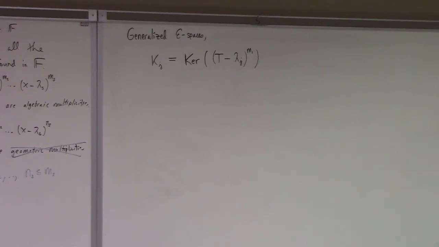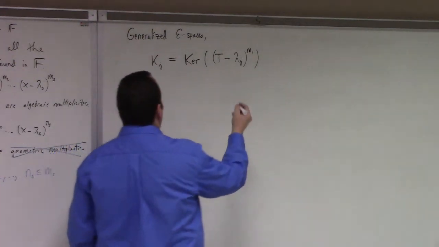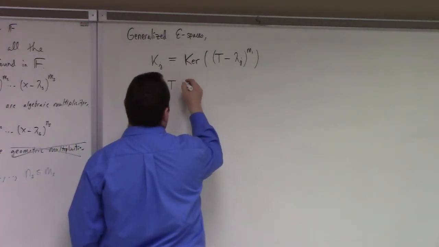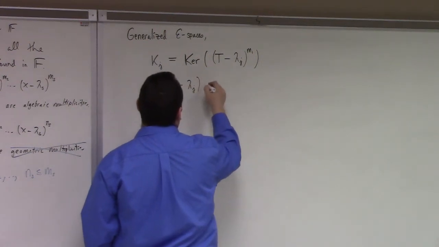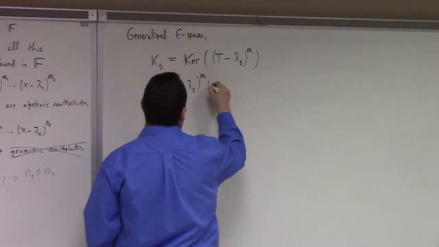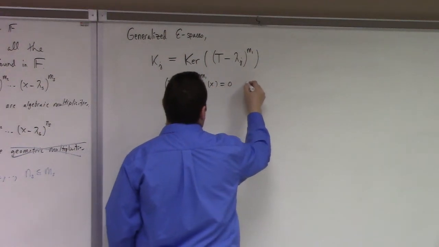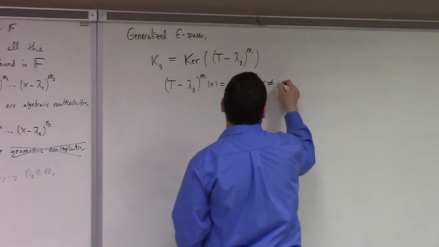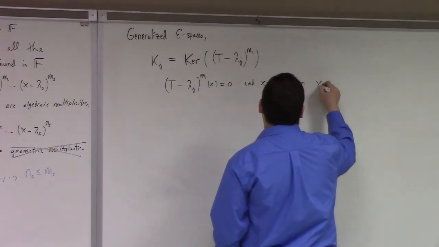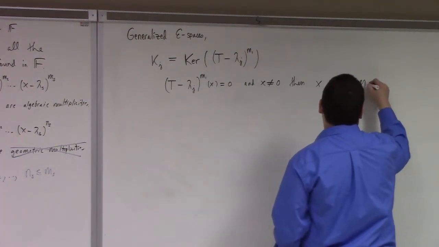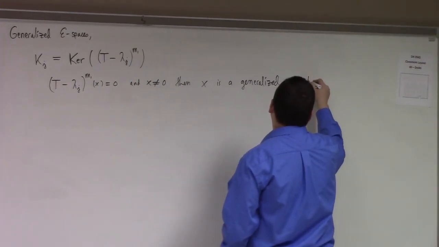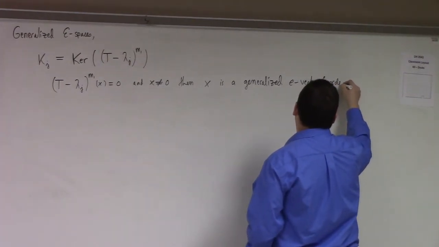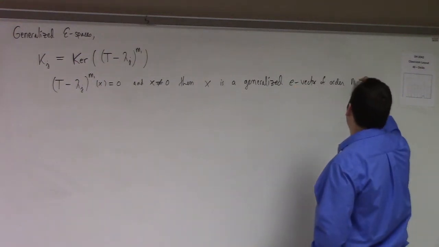That would be the jth generalized eigenspace. If we have a vector, not an eigenvector, so that T minus lambda j to the m1th power times x is equal to 0, and x is not equal to 0, then x is a generalized eigenvector of order m1.